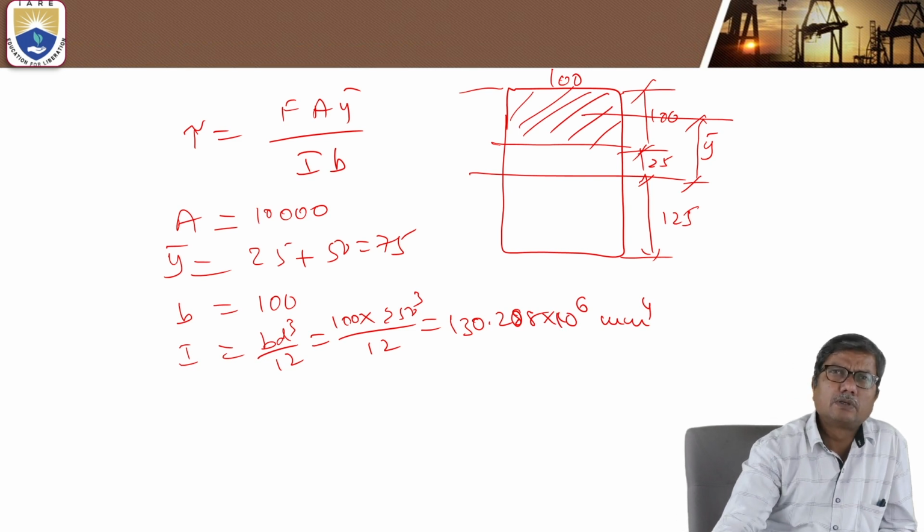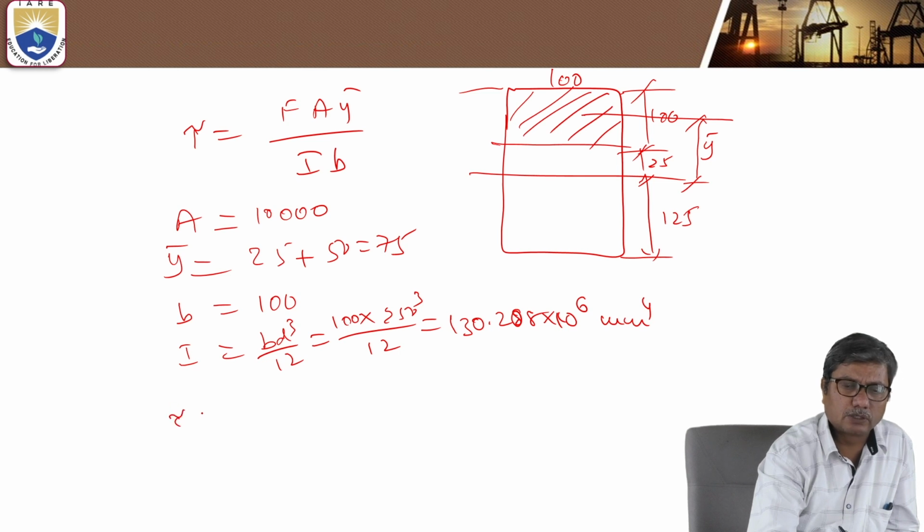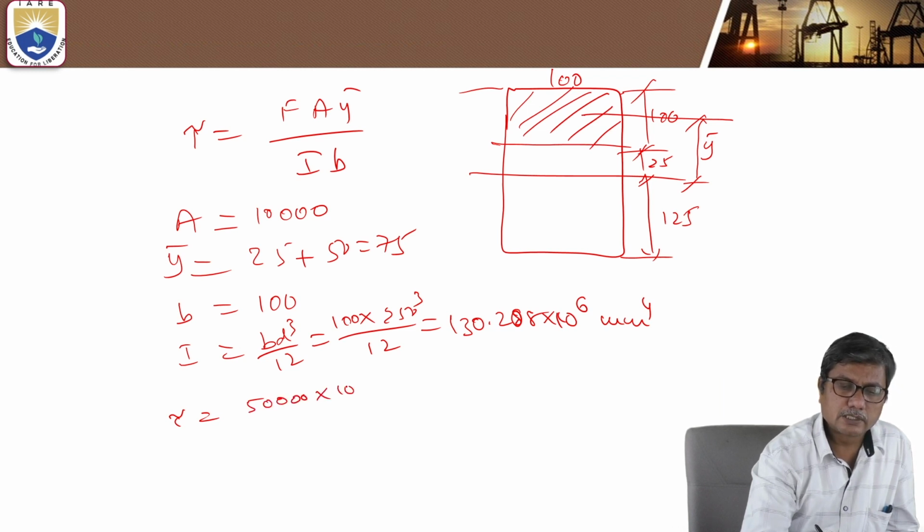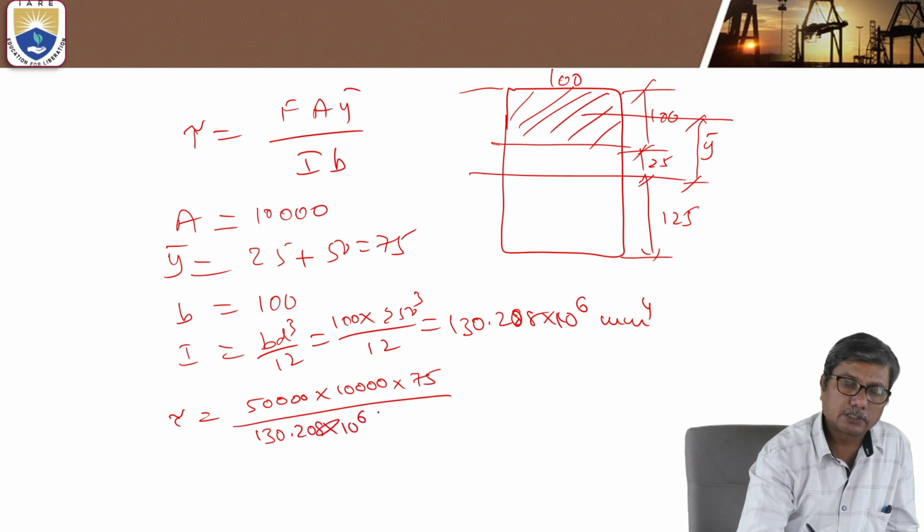Now substituting these values, you will get tau, which is 50,000, F value, and A is 10,000, y bar 75 by 130.208 into 10 power 6 into 100.